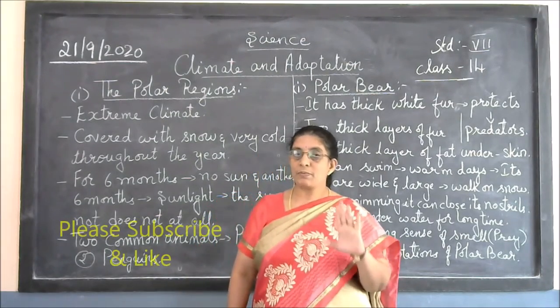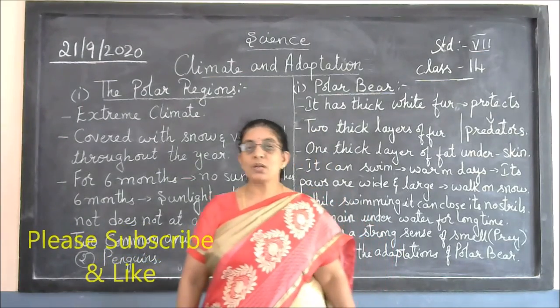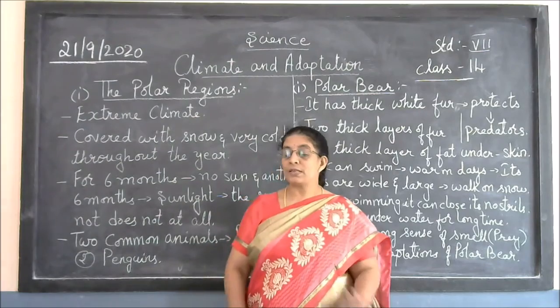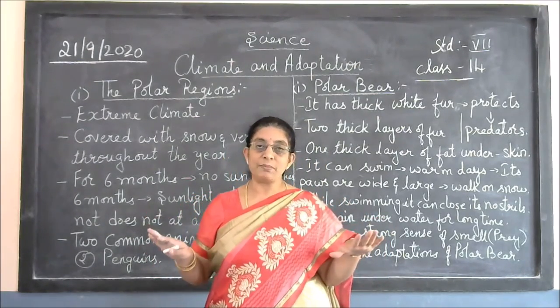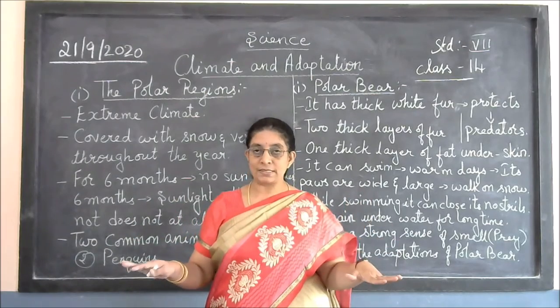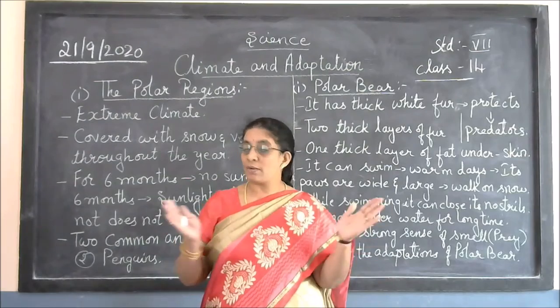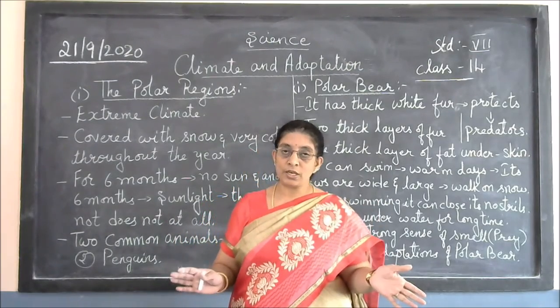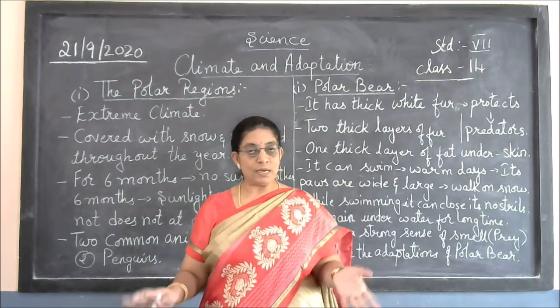The word polar region itself tells you that it is a very cold place. It is very cold and most of the time it is completely covered by snow and ice. So many people cannot live there for a long time, nor can many animals. Few animals are permanently living over there.